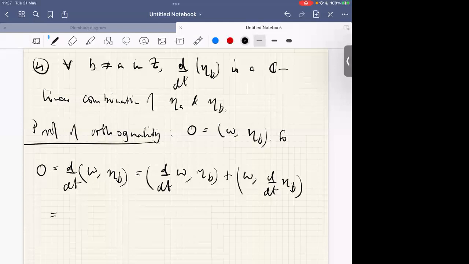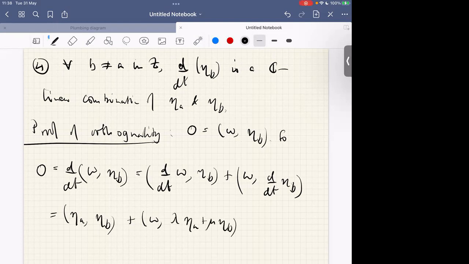This is simply, well, up to scalars, eta A and eta B paired together, plus this pairing here by part 4. But again, this is equal to 0.